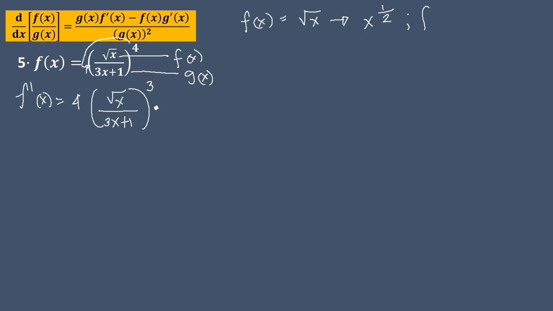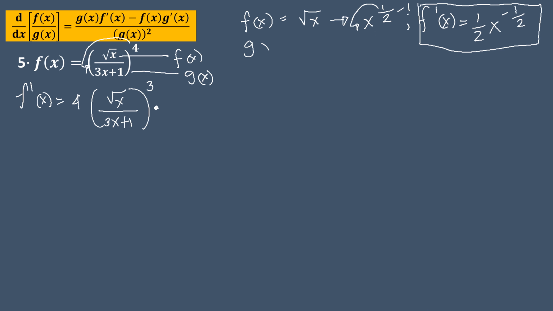So its derivative will be 1/2 times x to the power of 1/2 minus 1, which gives us negative 1/2. So this is our derivative of function f. Let's proceed to the function g, which is 3x plus 1, and thus its derivative is 3.